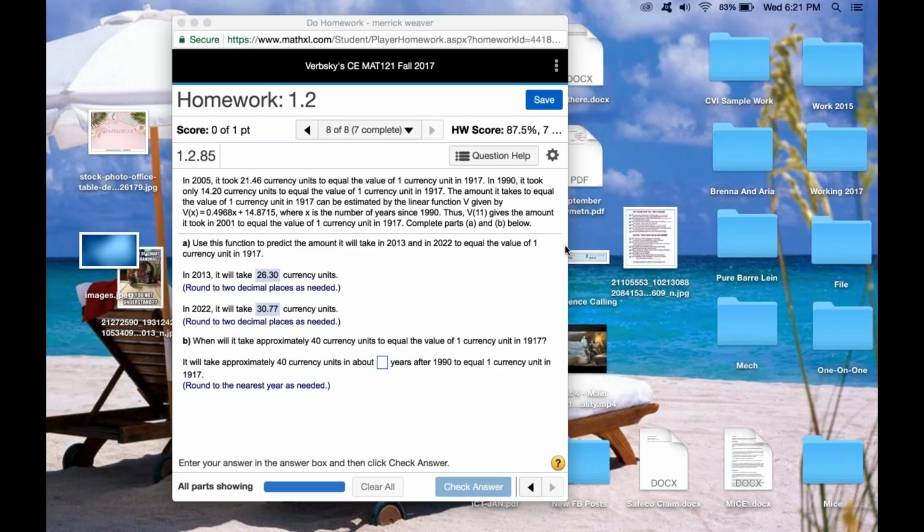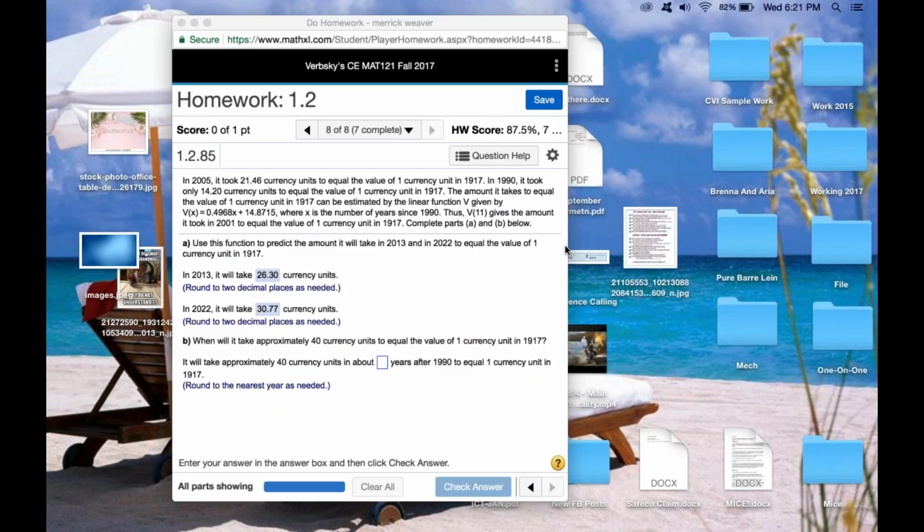Let me read the original problem. Let me just make sure I understand it. In 2005, it took 21.4 currency units to equal 1 currency unit in 1917. In 1990, it took that many. The amount it takes to equal the value of 1 currency can be estimated by V of x, where x is the number of years since 1990.